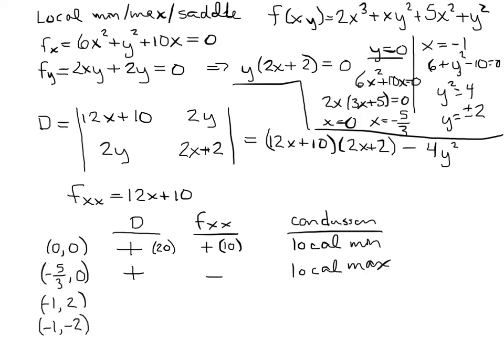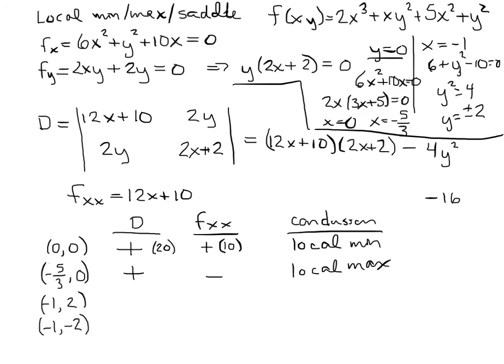So now at negative 1, 2. For this one, the y squared, we have 2 squared. So 2 squared is 4, 4 times 4, we're going to have to subtract 16. And then if we look at the first part, x was negative 1.